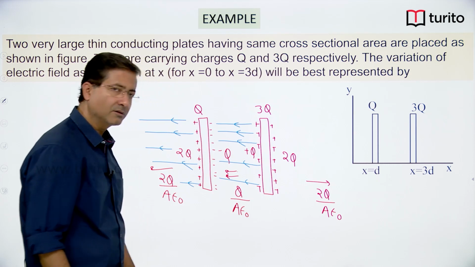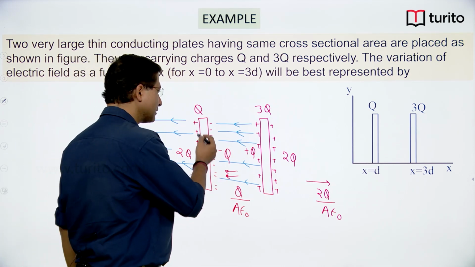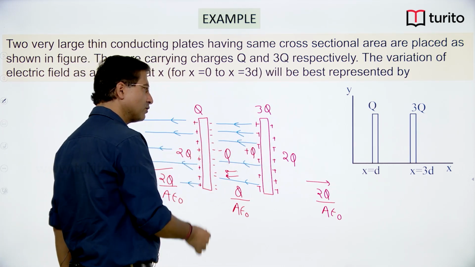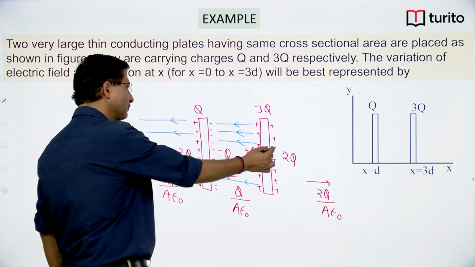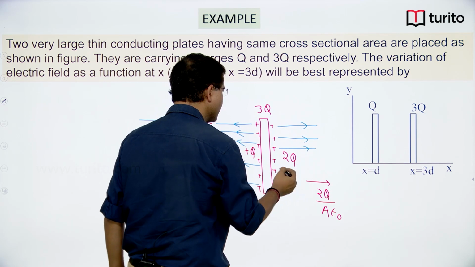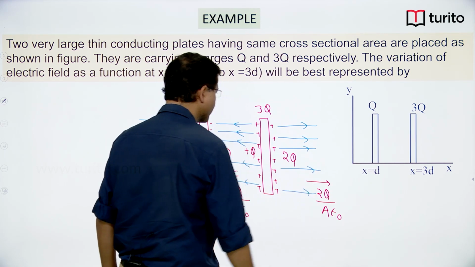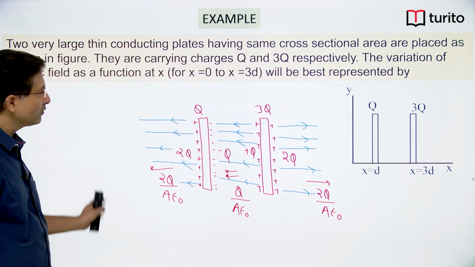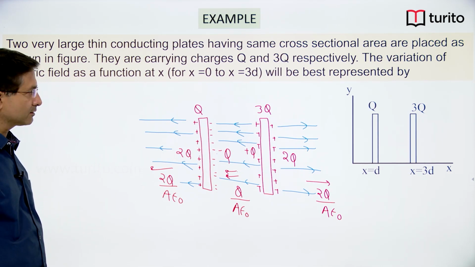This side charge and this side charge will produce field in this direction, away from the distribution, and the direction of field in this region will be something like this. So this is the way field lines will be there in space.